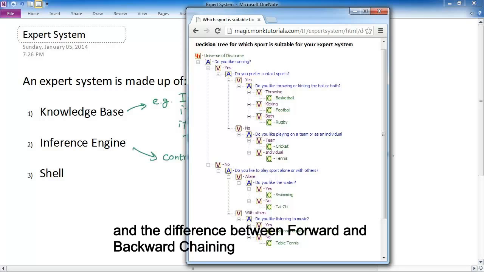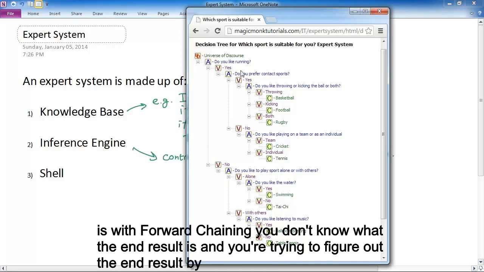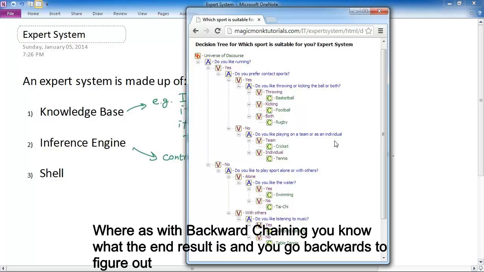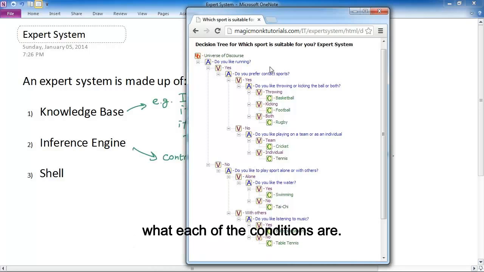And the difference between the two, forward chaining and backward chaining, is that with forward chaining you don't know what the end result is, and you're trying to figure out the end result by answering a series of questions. Whereas with backward chaining, you know what the end result is and you go backwards to figure out what each of the conditions are.